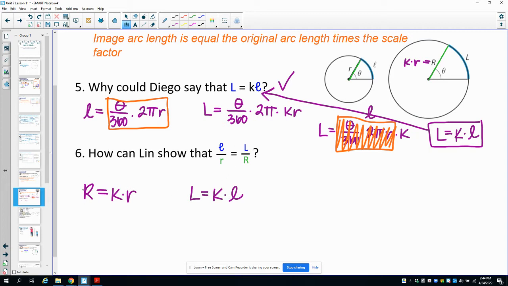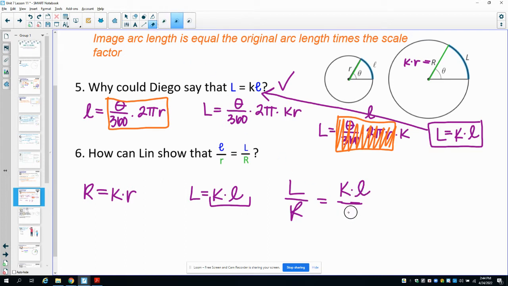So then let's look at L divided by R. L divided by R is equal to L divided by R for sure. So let's substitute in for L. What did we know L was equal to? Well, the large L is equal to the scale factor times the original arc length.